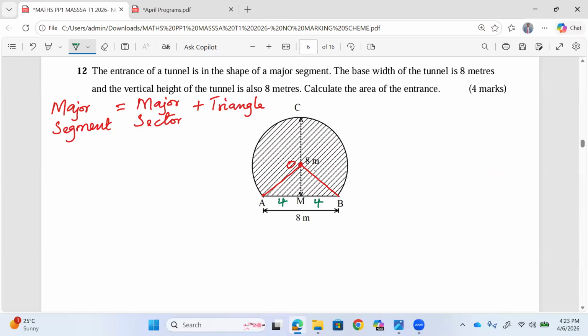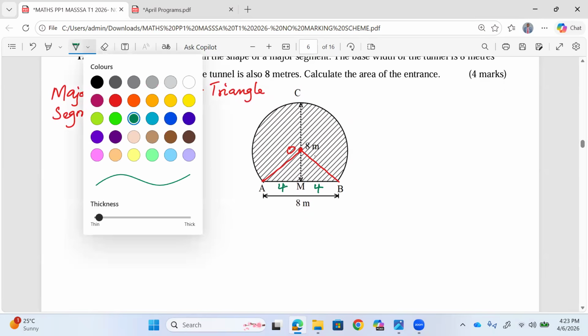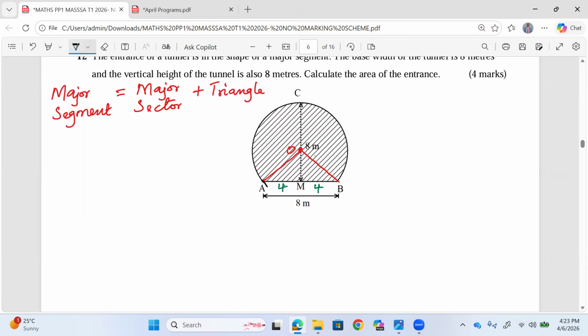If we are in agreement, allow me to complete this circle so that I may come up with some other conclusions. If we complete the circle like that, we introduce an unknown length. You see this point C, let me call this other point D. So from M to D, we can call it X.